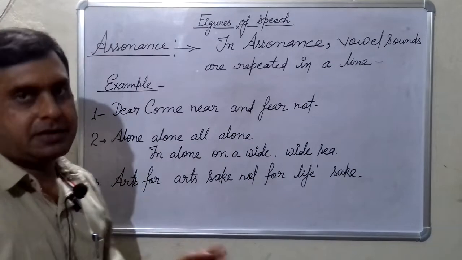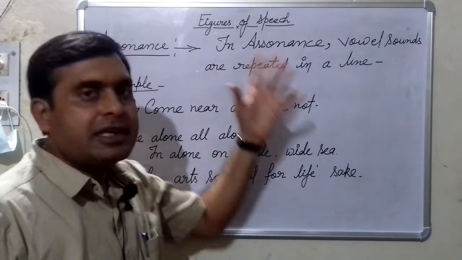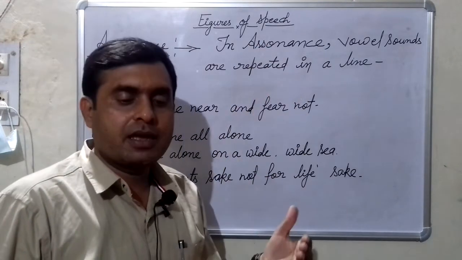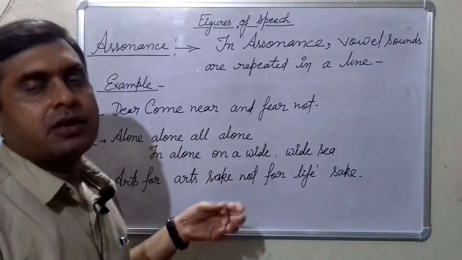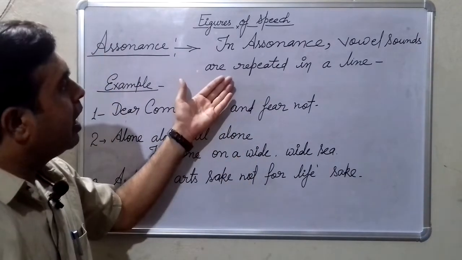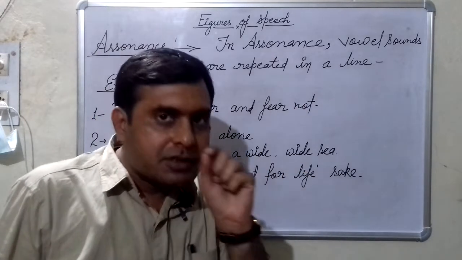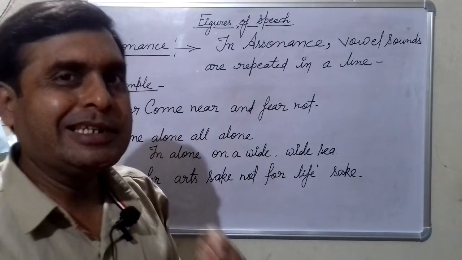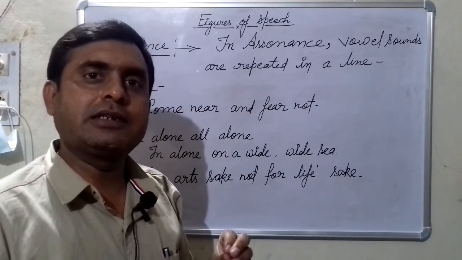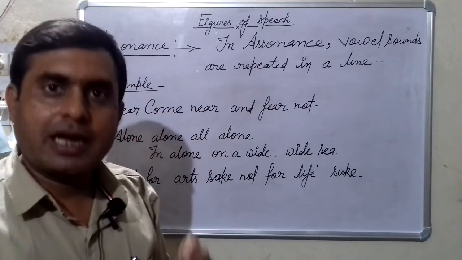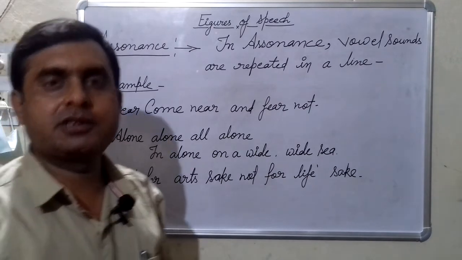In assonance, what happens? Vowel sounds are repeated in a line. So there is a clue hidden in the definition, which is very important at the time of searching for the assonance in the poem or in the line, to identify it properly.